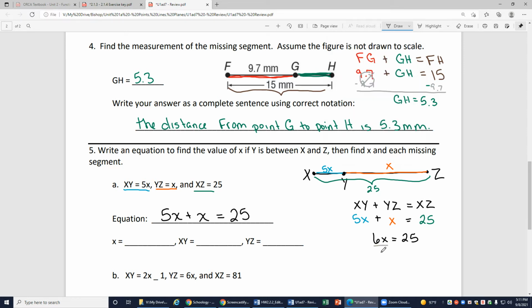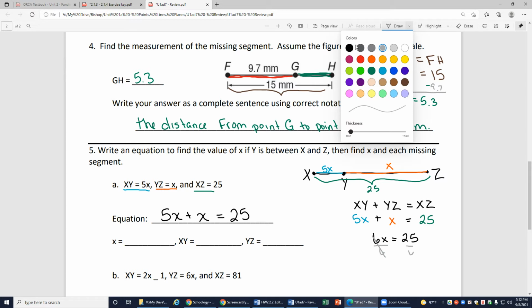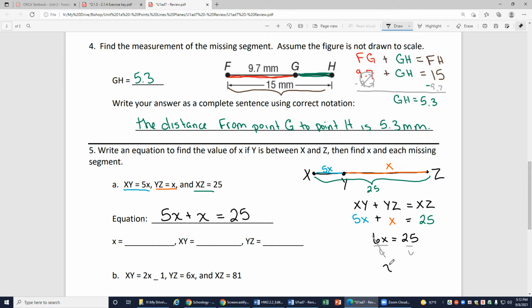All right, so then all I have left to do is divide, and I think we've seen this one. Divide both sides by 6, and you can leave it as x equals 25/6. If you want to make it into a decimal, we are always going to round to 3 places. So I'm going to do 25 divided by 6, and round to 3 places, which is going to be 4.167.